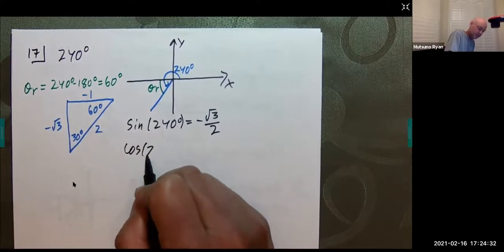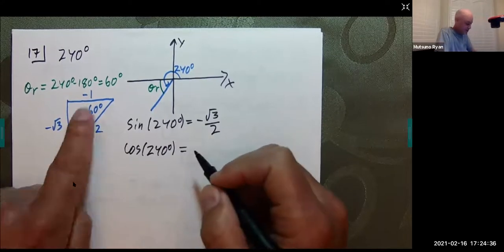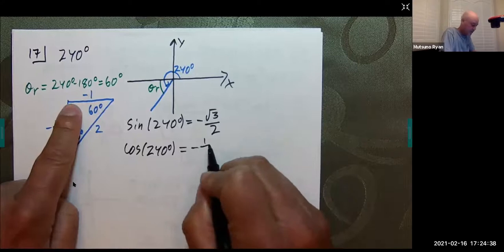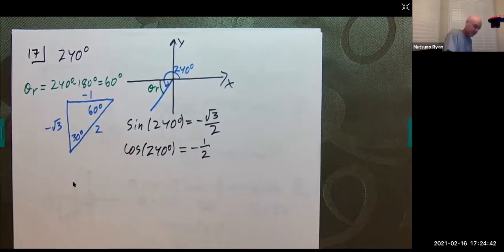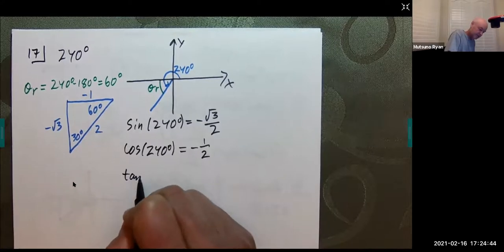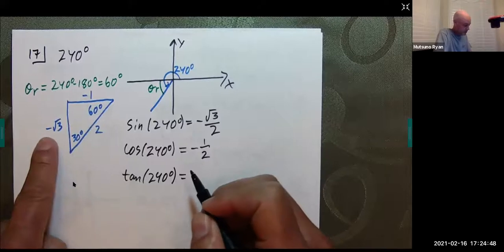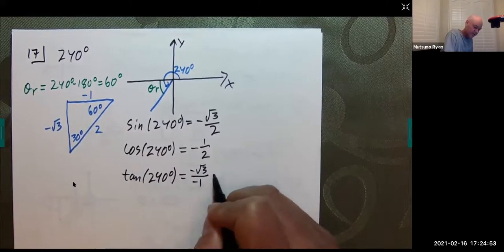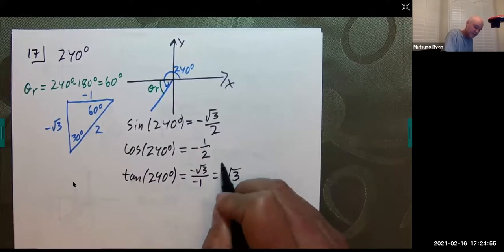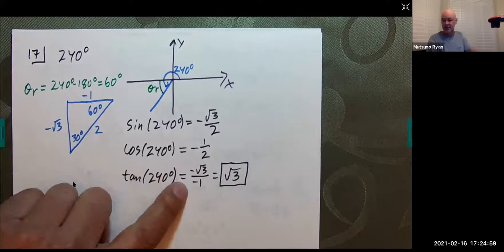Cosine of 240 degrees is going to be the adjacent, negative 1 over the hypotenuse, which is 2. And the tangent of 240 degrees is going to be the opposite over the adjacent. So negative root 3 over negative 1 reduces to just positive root 3. And we know that tangent is positive in quadrant 3 for exactly this reason. The two negatives reduce.